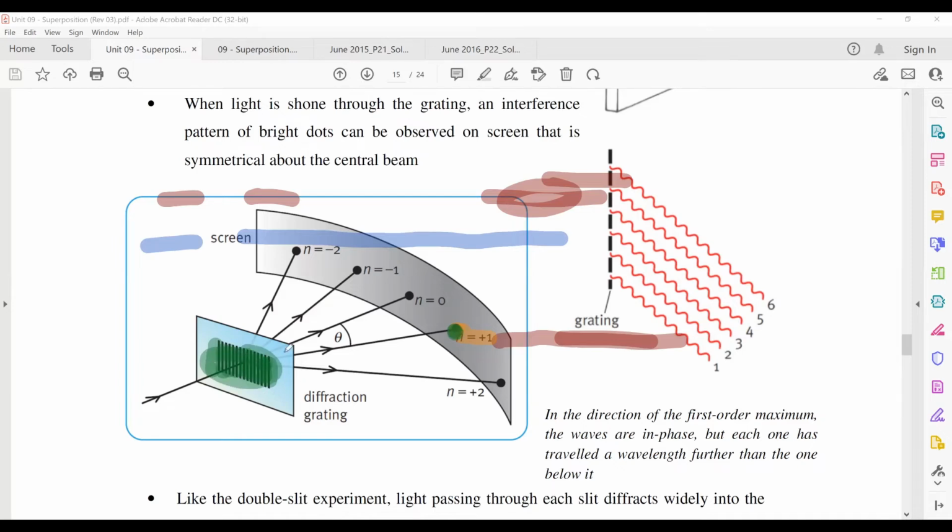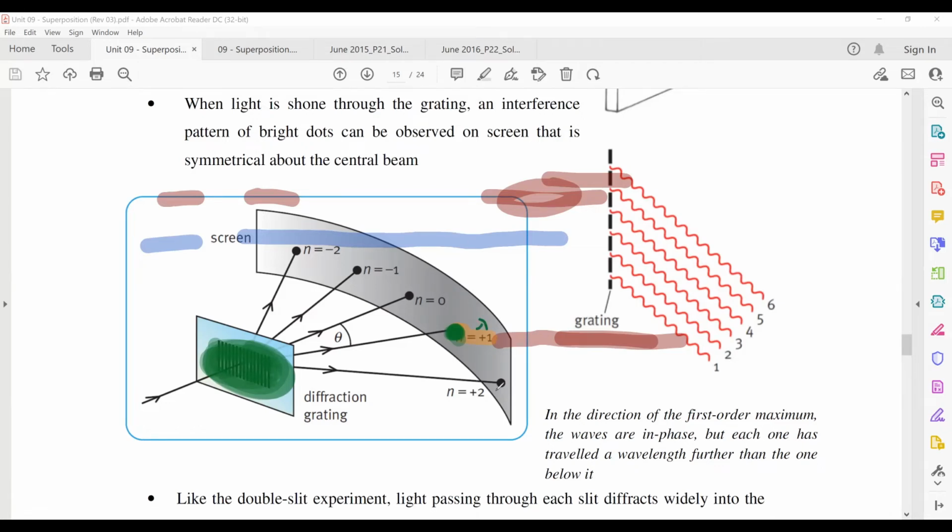The double slit one that you've done before this only had to consider waves from two sources. But for diffraction grating, you have to consider waves from all the sources. At this point here, the waves from all these sources overlap at this point. One after another, the path difference will just be lambda.